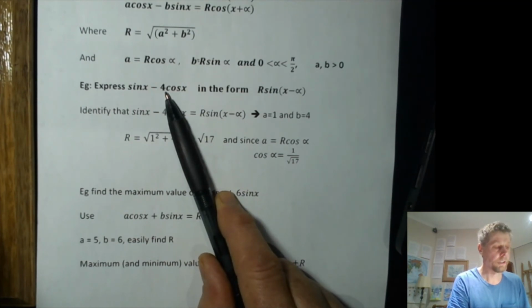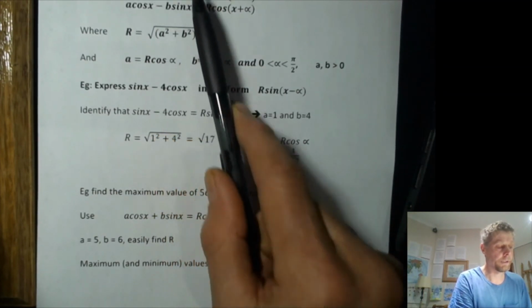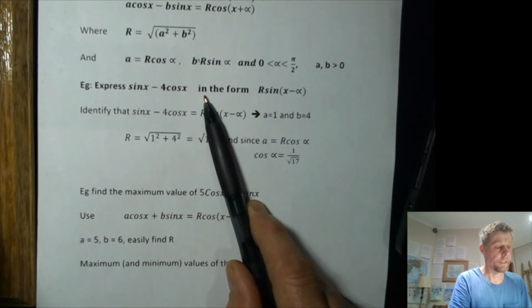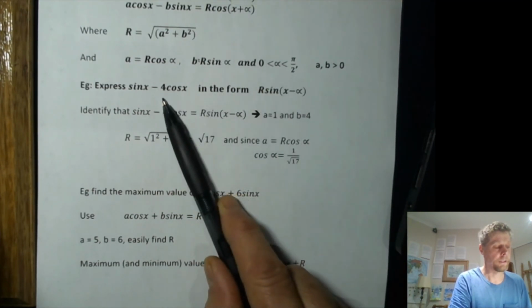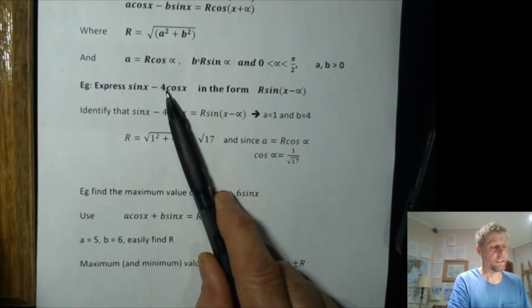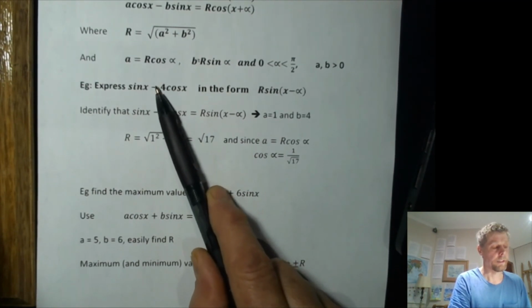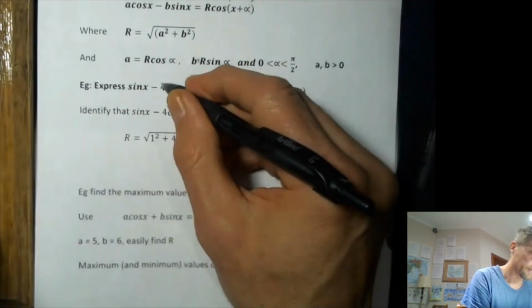So we need to look and see what form it is. It's a sine x minus b cos x, and then we can get it in this form r sine x minus alpha. So even though there's a minus there, just be careful. The negative is there, but b is positive. That's b.